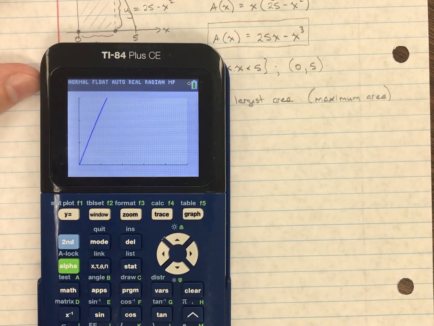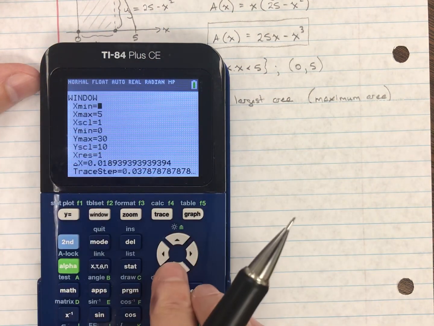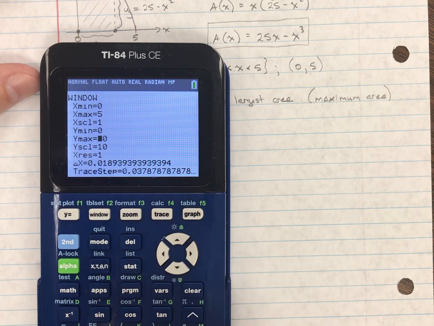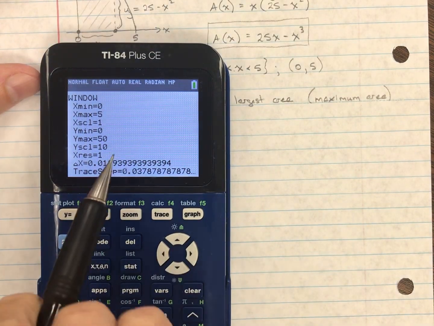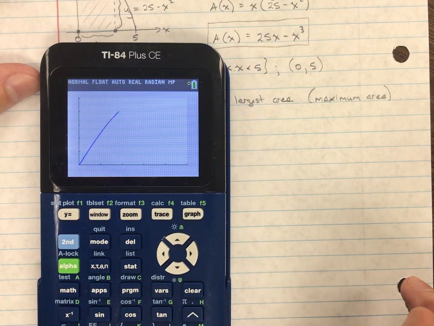Oops, I didn't go high enough. I can't find my max, it's above my screen. Let's go back to my window and max out at 50, counting by 10 on the y scale. There we go, I got my maximum in there.